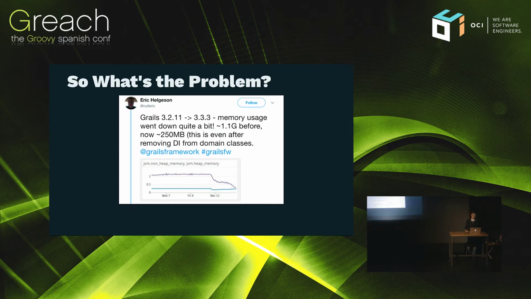And actually we disabled it by default in Grails 3.2, and in Grails 3.3 we removed domain classes completely as dependency injection candidates. So just the fact that the dependency injection metadata was missing caused that massive drop in memory consumption, because of what Spring does at runtime to instrument your classes.